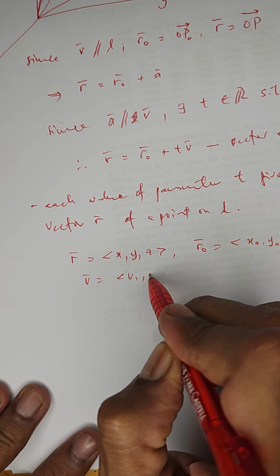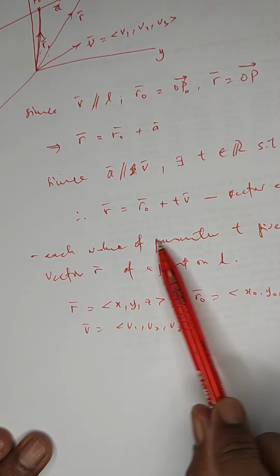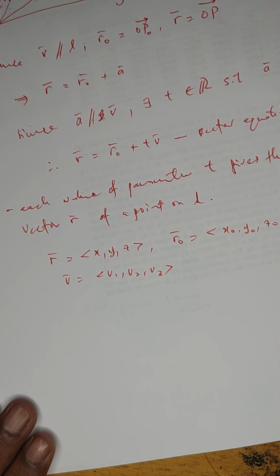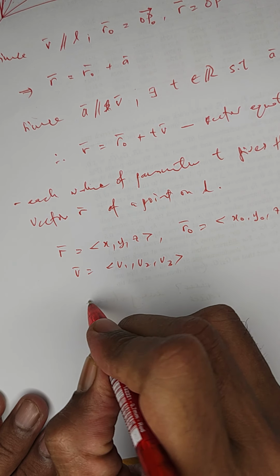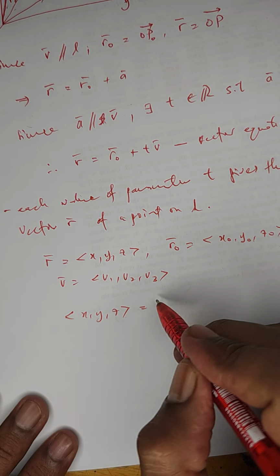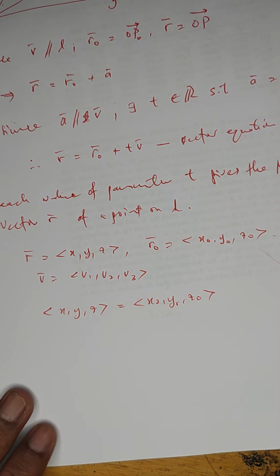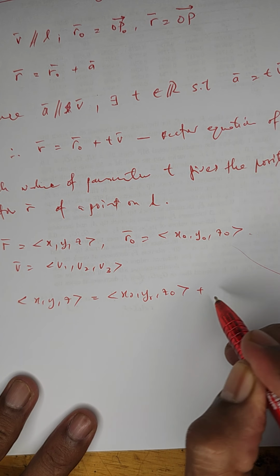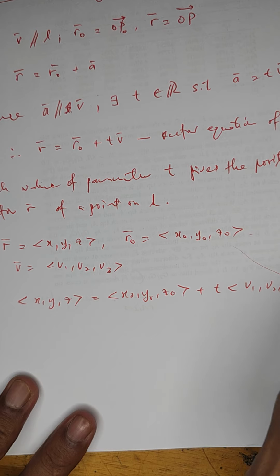We can write this equation as x, y, z equal to x0, y0, z0 plus t times v1, v2, v3.